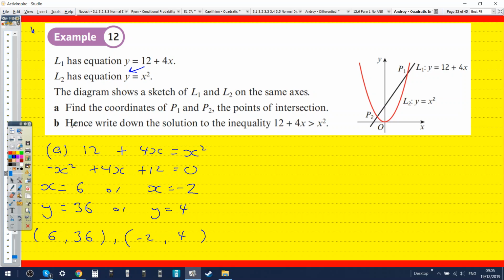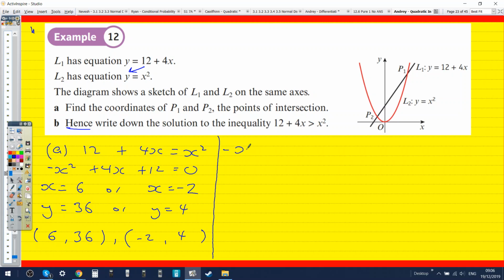Okay, and then hence part B. Do I just need to make minus x squared plus 4x plus 12 greater than 0?